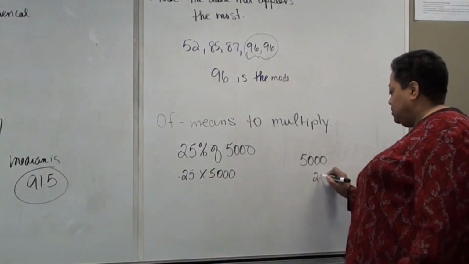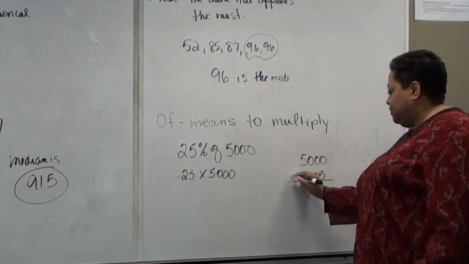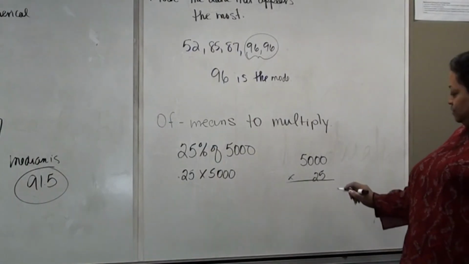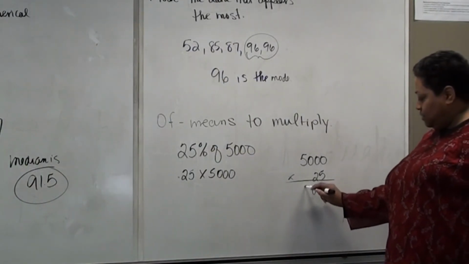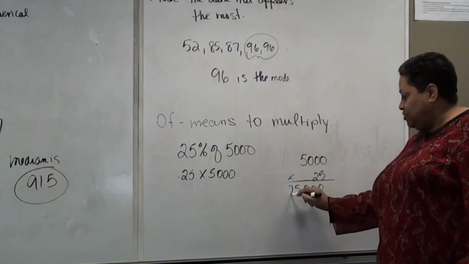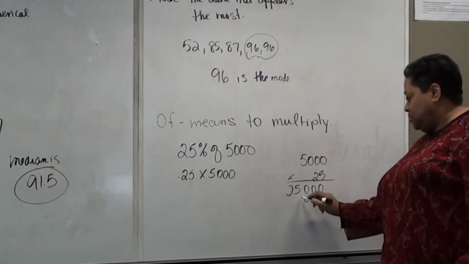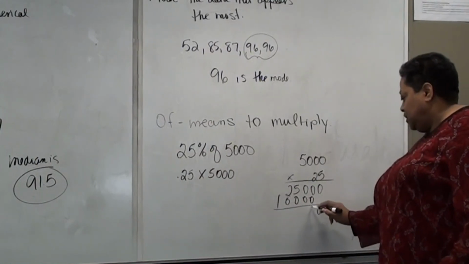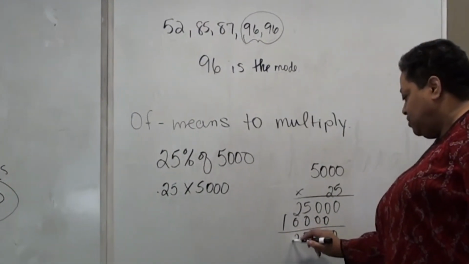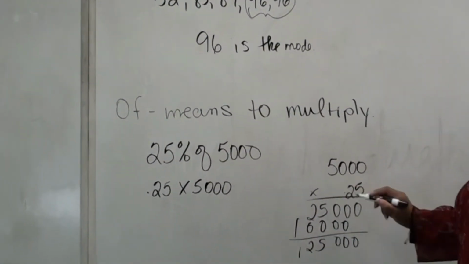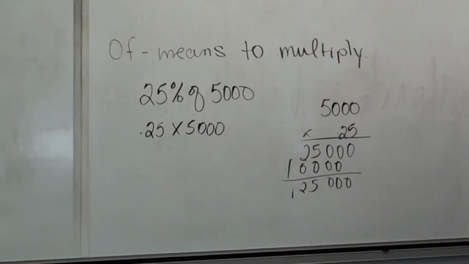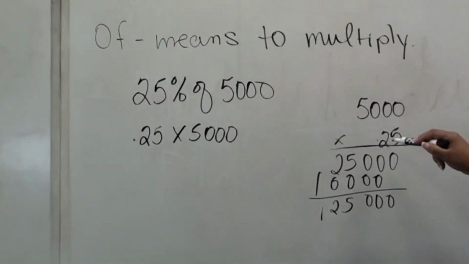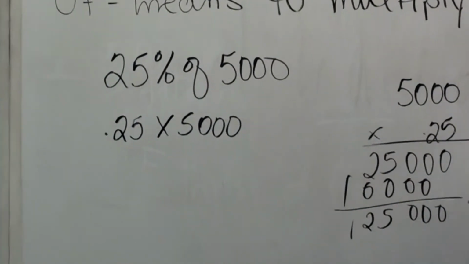So let's do that over here. 5,000 times 25. Now, according to what we learned in chapter 3, we have to have two numbers behind the decimal point.